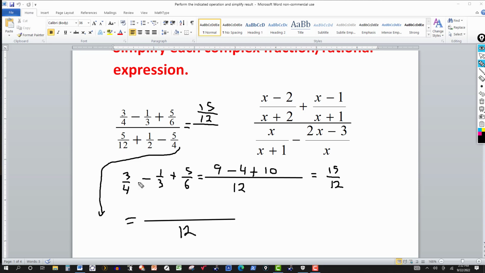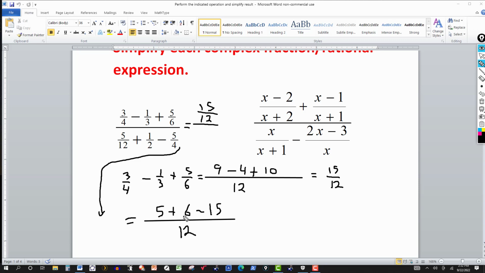So 12 goes into 12 one time, times that numerator 5 is 5, plus, bring down the sign, then 2 goes into 12, 6 times, 6 times 1 is 6, and the next one, bring down the sign, that's a minus, 4 into 12 is 3, 3 times 5 is 15.